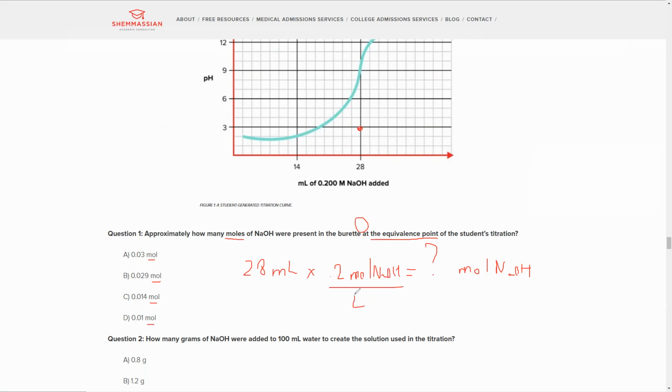Okay. Am I done setting up this equation? No. What's missing from this? Mole below the 20, mole below here?